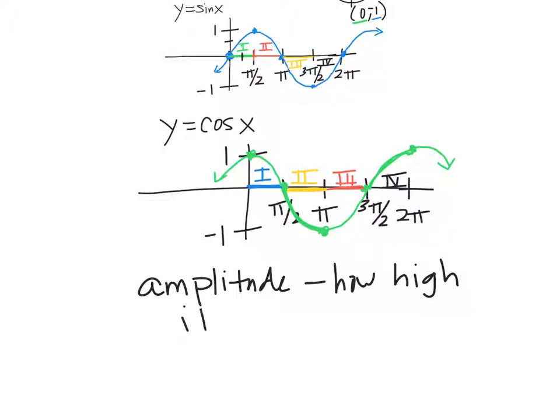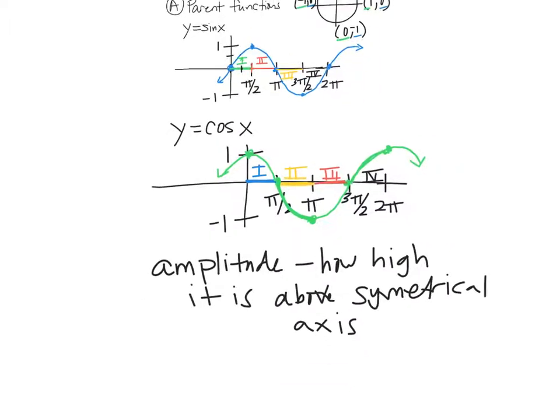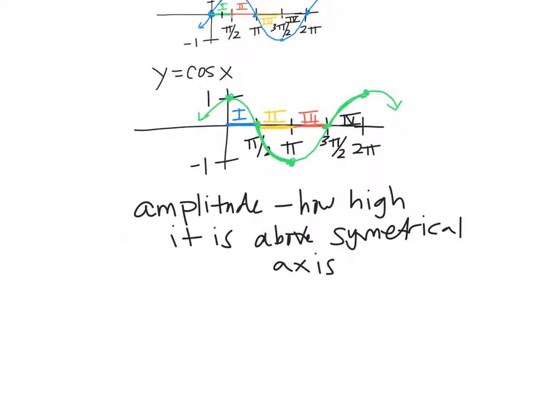How high it is above the symmetrical axis. Okay? So for sine and cosine's parent values, it's just 1. So the amplitude for the parent functions is equal to 1.